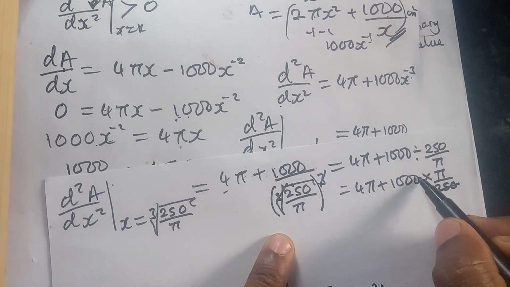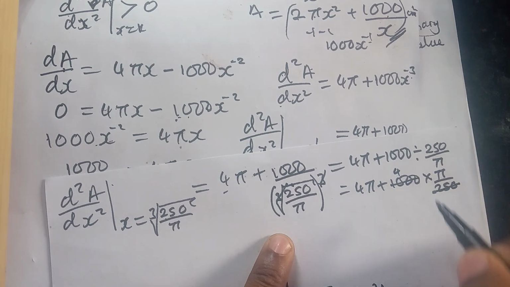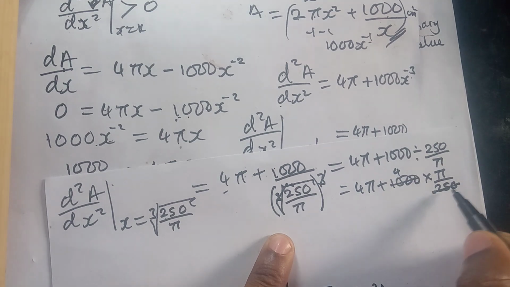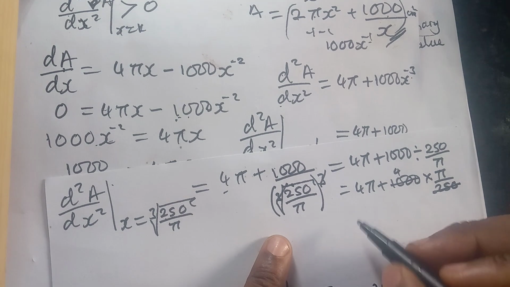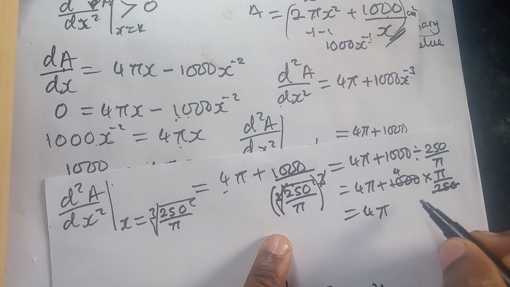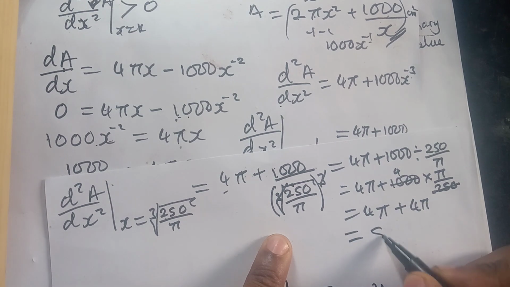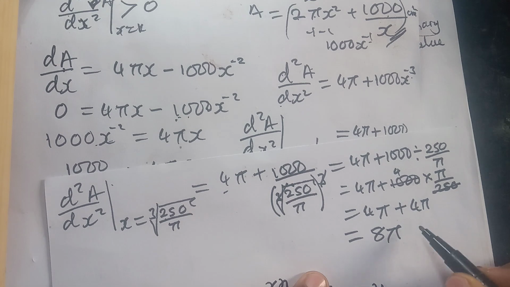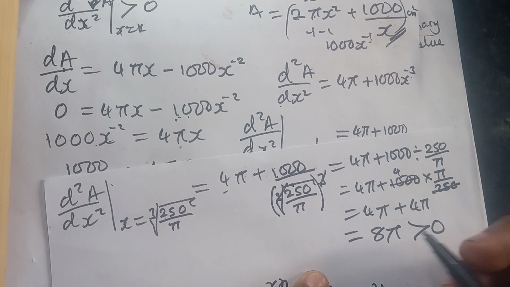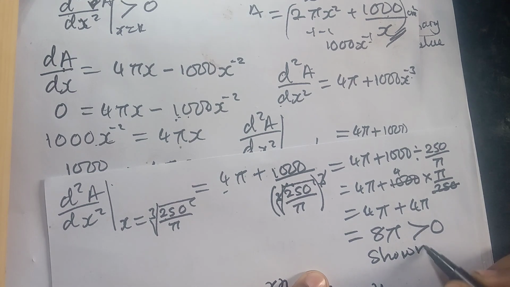So this into this is 4. So we have 4 pi plus 4 pi, which will give us 8 pi. And since this is greater than 0, you have shown, hence shown.